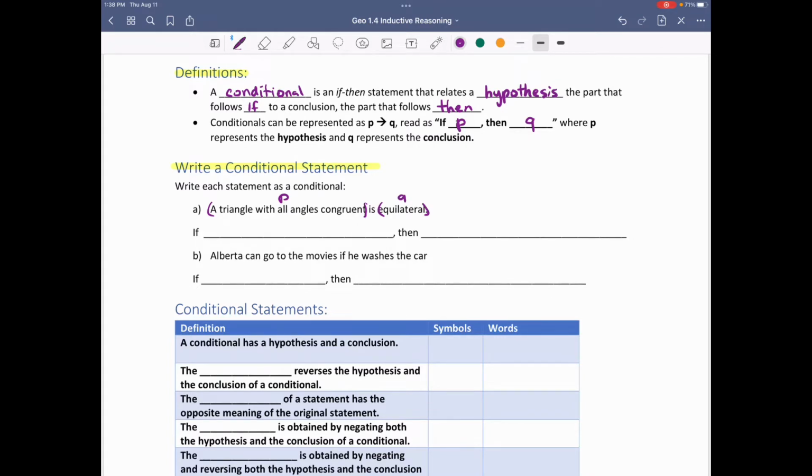If a triangle with all angles congruent, then it is equilateral.